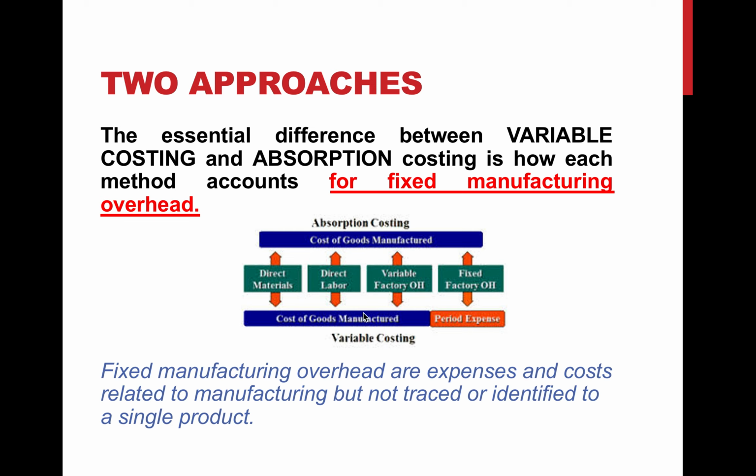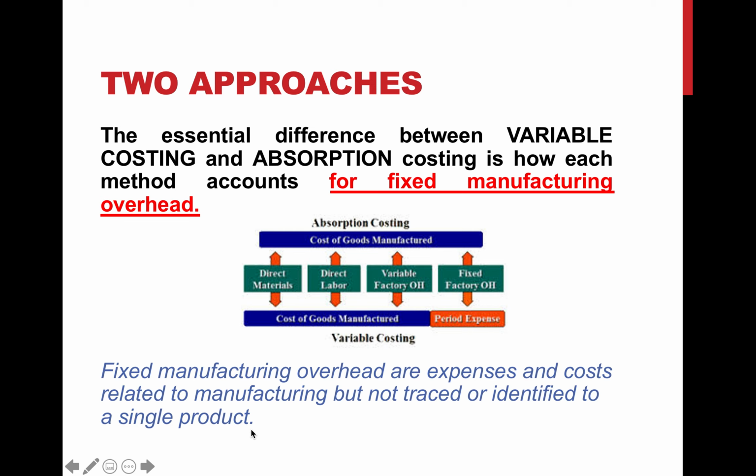So in this specific case, the only difference is that, remember, on variable costing, we never accept in the upper part, above the total contribution margin, anything that could be fixed, right? And below we have only fixed expenses. So fixed manufacturing overhead are expenses and costs related to manufacturing but not traced or identified to a single product.